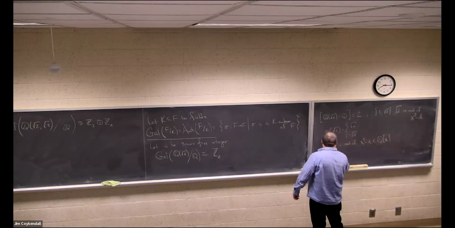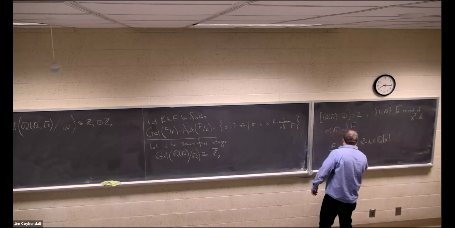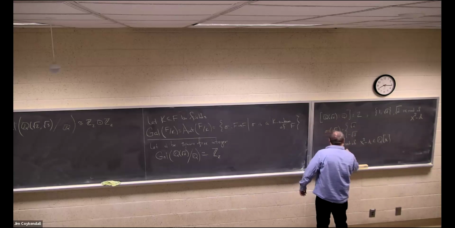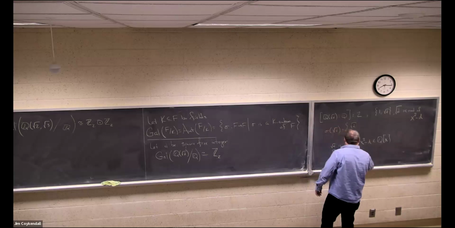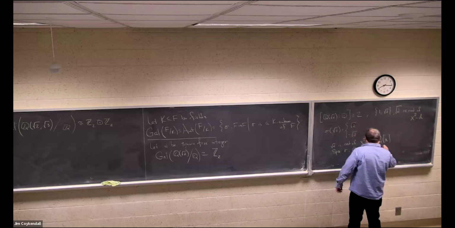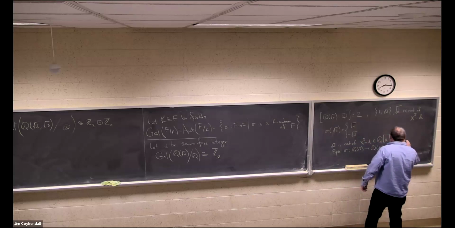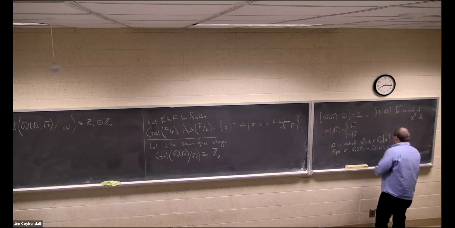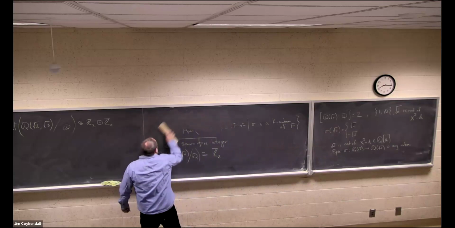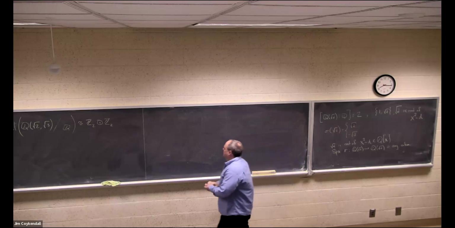Suppose sigma is any automorphism. Then sigma takes radical D somewhere.